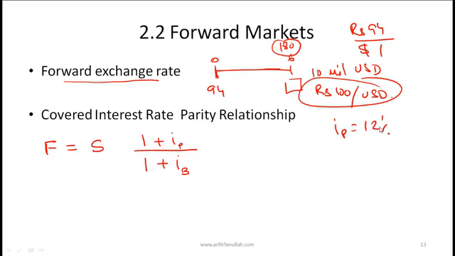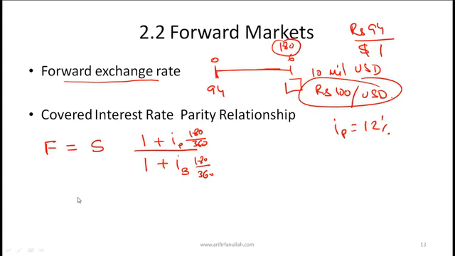So I'm going to get back to this number in a minute, but the point is that the interest rate in the price currency needs to be adjusted based on the number of days. So if this is a 6-month forward contract, we multiply the interest rate by 180 over 360. And this is the base currency, US dollar. So this also needs to be adjusted based on the number of days. So essentially we are taking an annualized rate and then adjusting it based on the maturity of the forward contract.